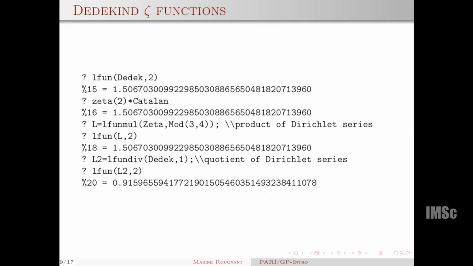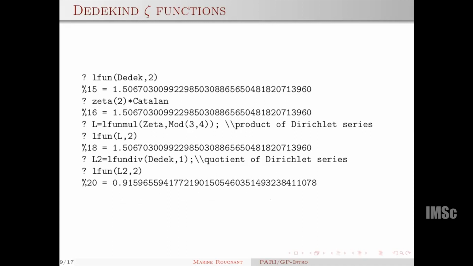You can evaluate your L function at 2. We get this one. If you multiply by the Catalan number, you will find this. And you can recover the same number by multiplying the zeta function with a Dirichlet series attached to 3, not 4.